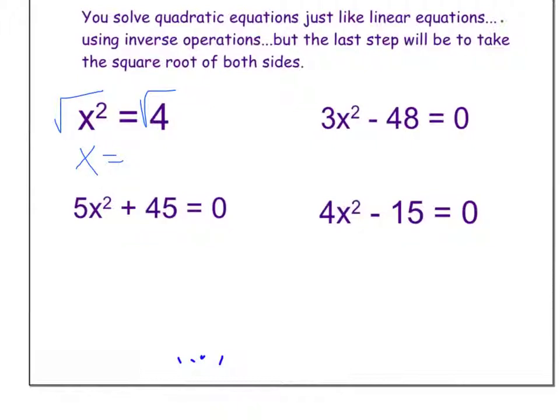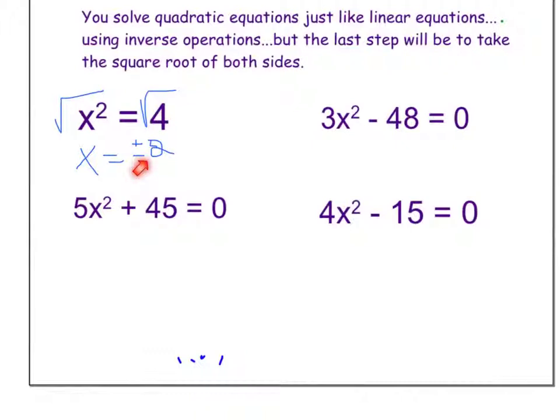Because we wrote the radical symbol in, we don't know if we're talking about the positive or the negative. So we have to put both the positive and negative square root of 4, which is 2. So the square root of 4 is 2 and negative 2.